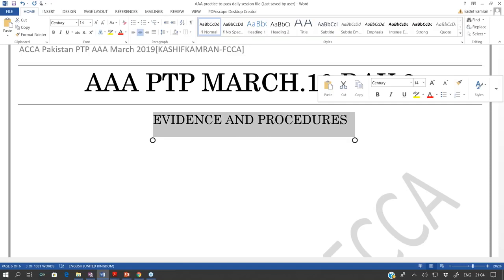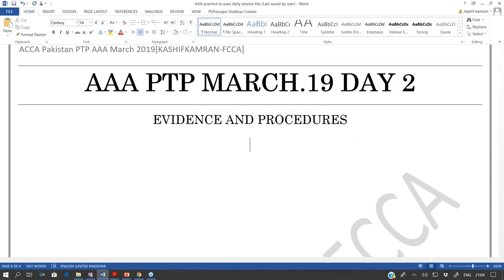In terms of evidence and procedures, first of all, you should be very familiar with the requirement of the question, which comes on procedures and which comes on evidence.